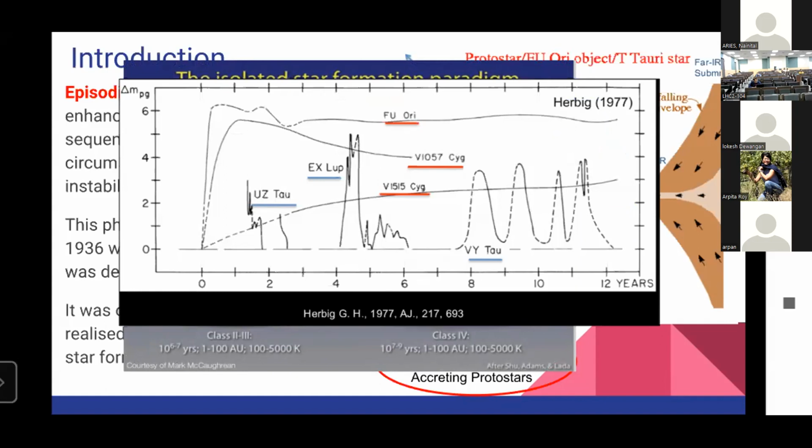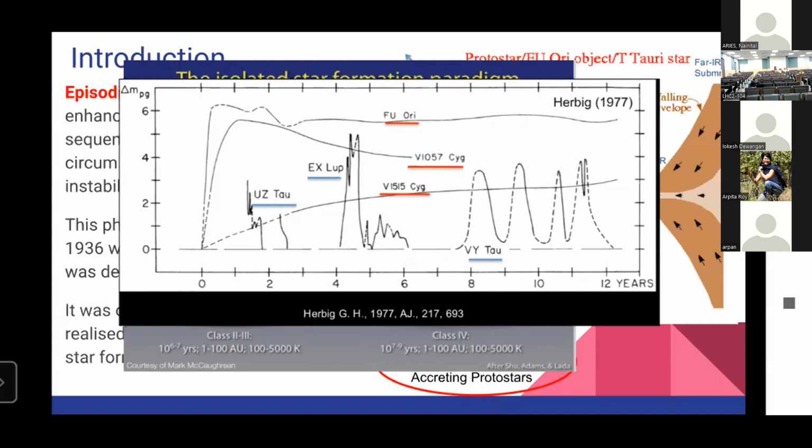Those which exhibited outbursts like that of FU Ori are termed FUors, like V1057 Cygni or V1515 Cygni, which had long outbursts both in magnitude and duration. Their weaker cousins, named after EX Lupi, are called EXors, which had smaller outbursts and also multiple outbursts. So this is the broad classical definition of this category of sources.